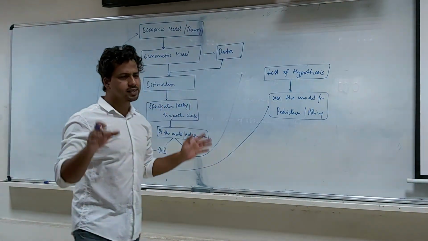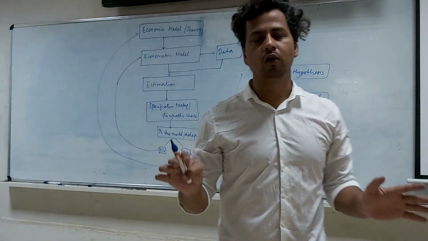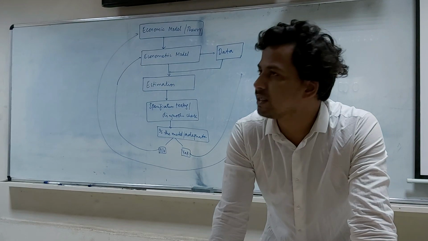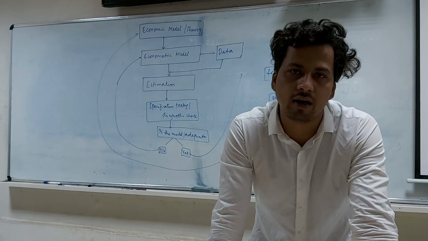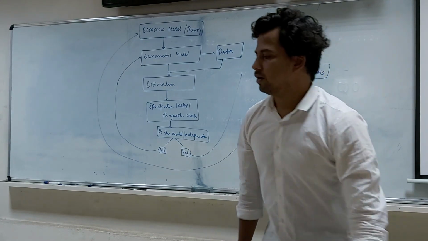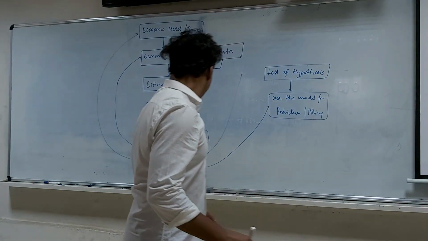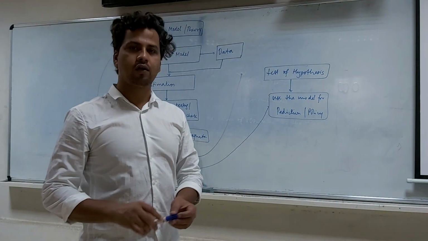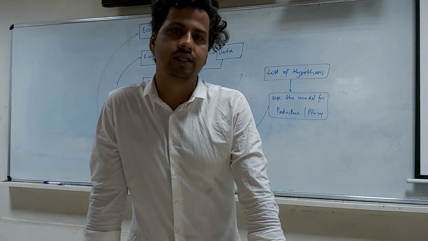So this is precisely an introduction to econometrics and econometric methods, and this is precisely how an econometric model is made. I'll stop here, and in the next lecture we talk about correlation versus regression.